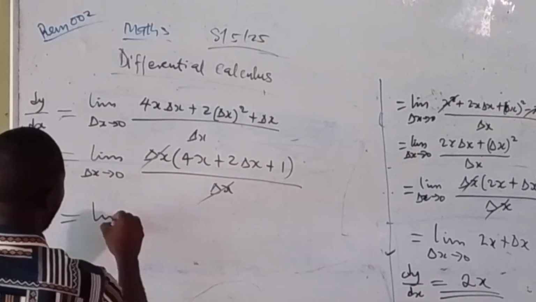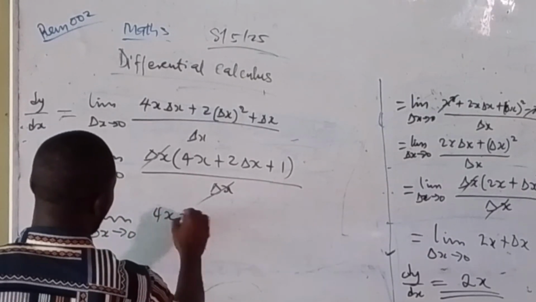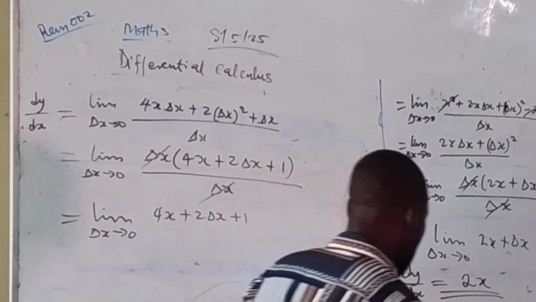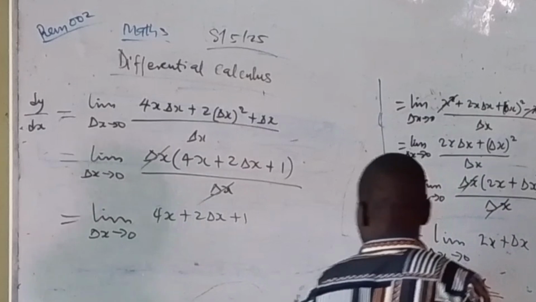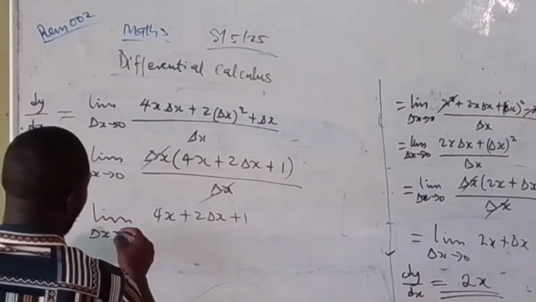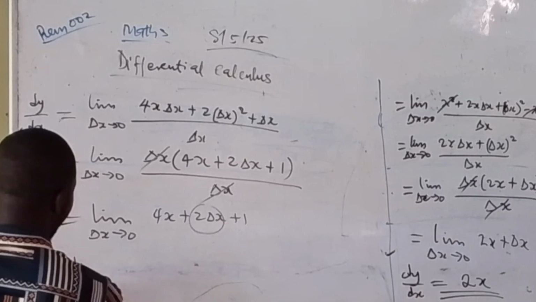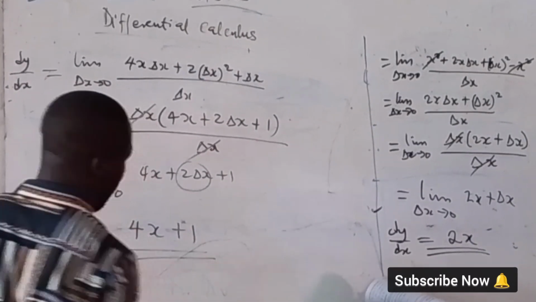You now have limit as change in x tends to 0, 4x plus 2 change in x plus 1. If change in x tends to 0, this becomes 0. So our dy/dx is now 4x plus 1. And that is the answer.